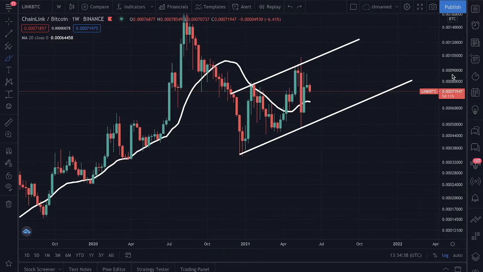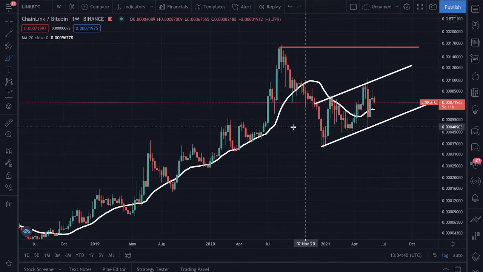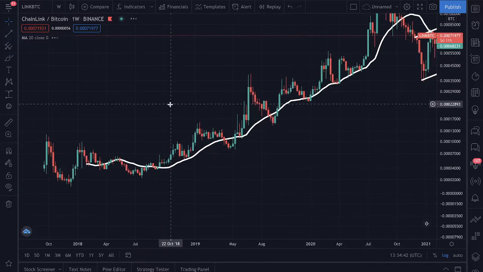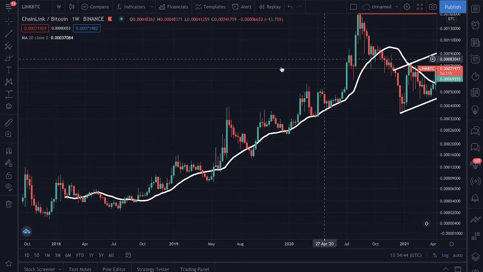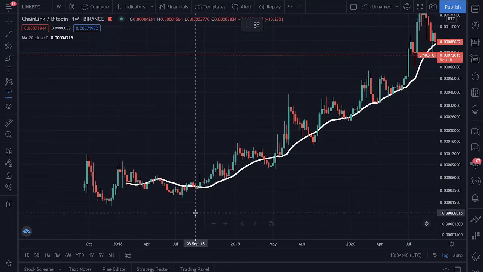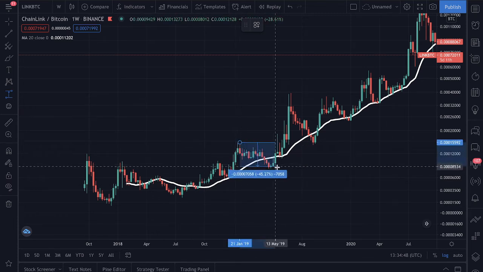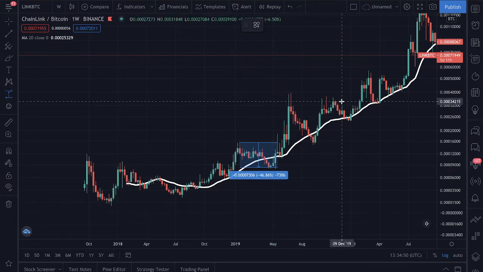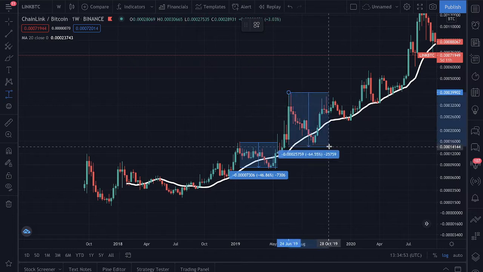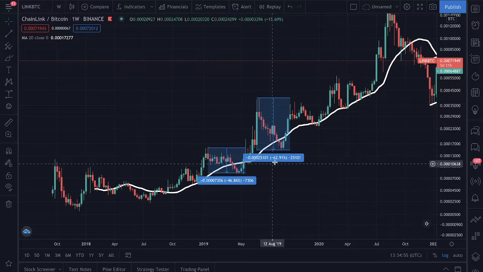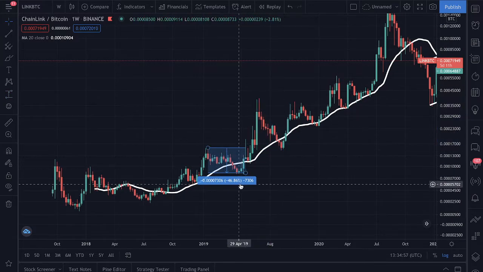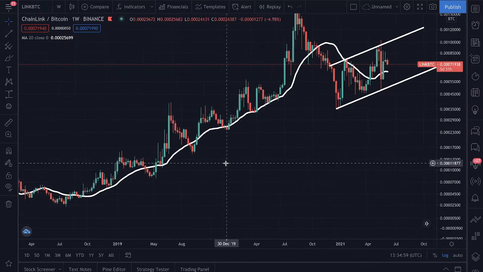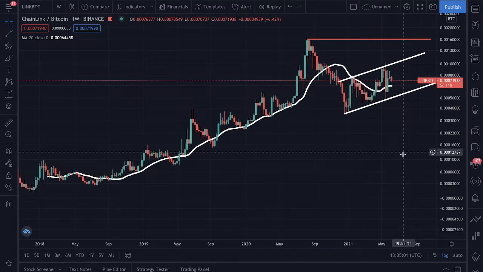I do think that Chainlink will trend up over time. But as we could see with just the overall history of Chainlink, it is capable of bad moves, right? Trending down. We see 46% wick to wick, 62%. So these things are not necessarily unknown to Chainlink.